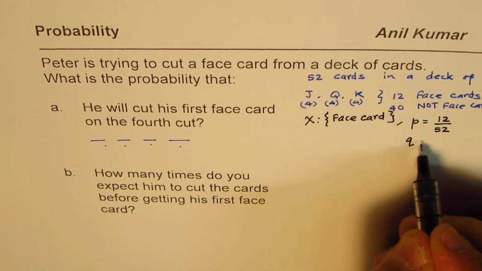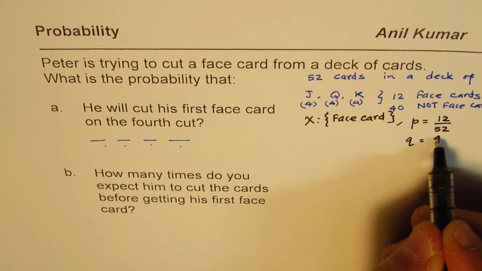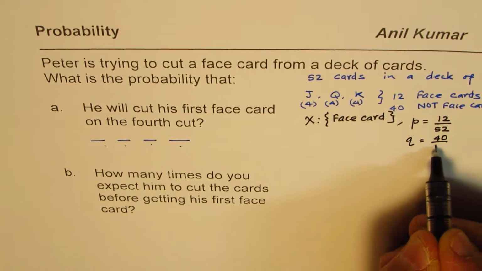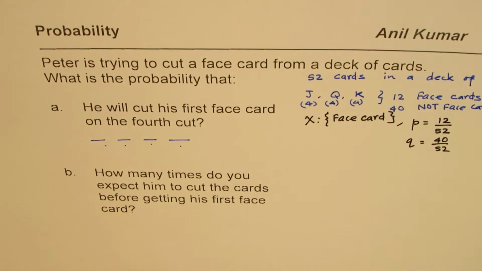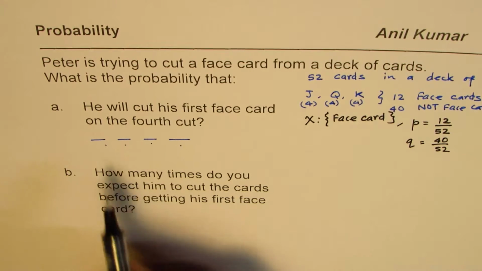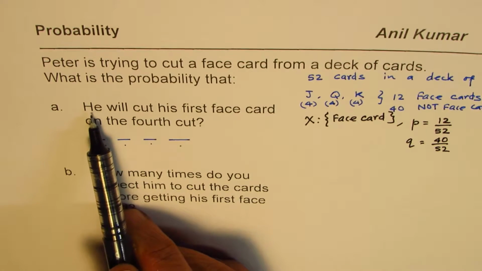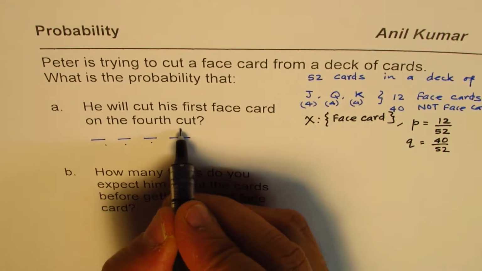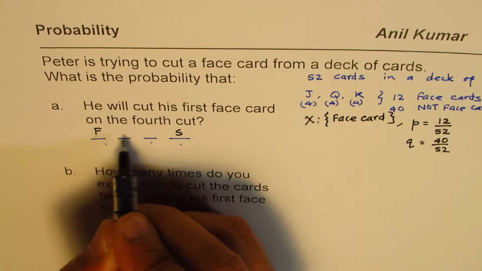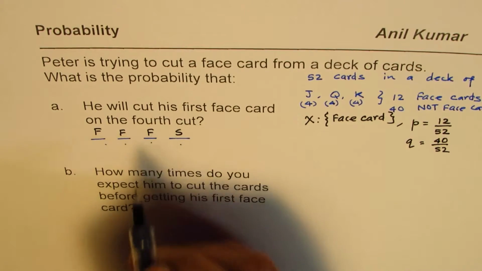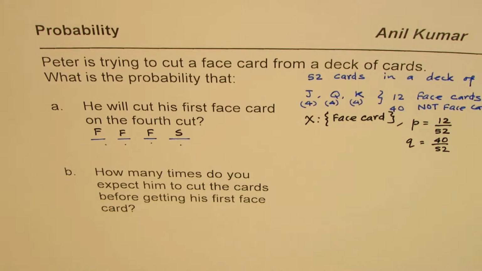And clearly the failure is 40 out of 52. So this means we have a success here after failure, failure, and failure.